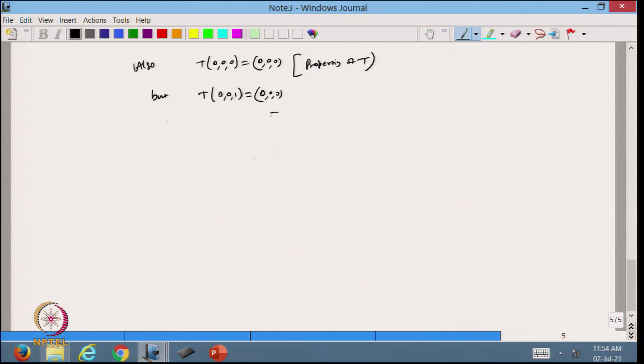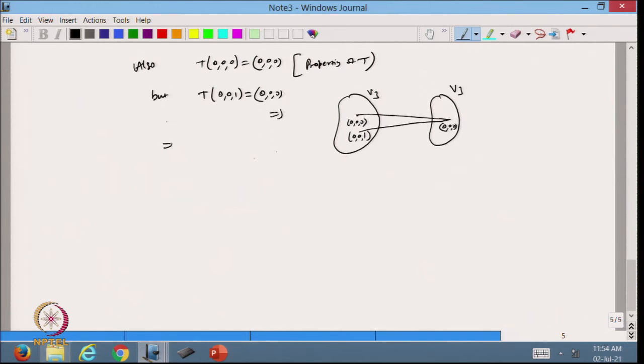It implies that if I take the mapping, suppose this is my V3 and another is my V3, two elements are there, that is (0, 0, 0) and (0, 0, 1). They map to the same element, that is the zero element.